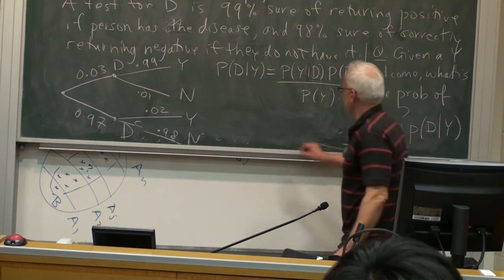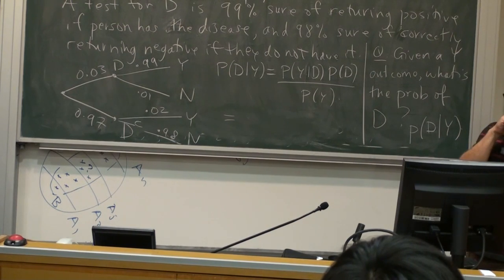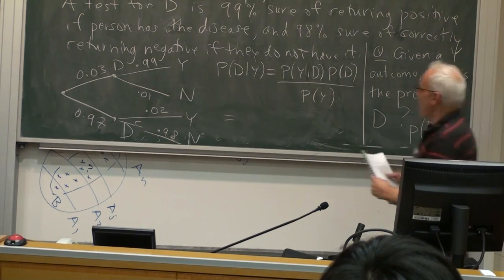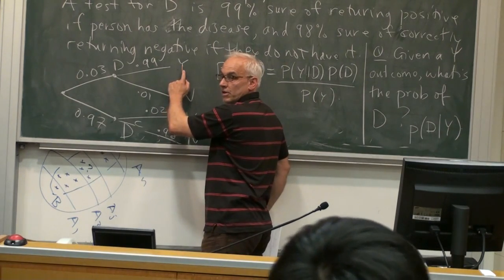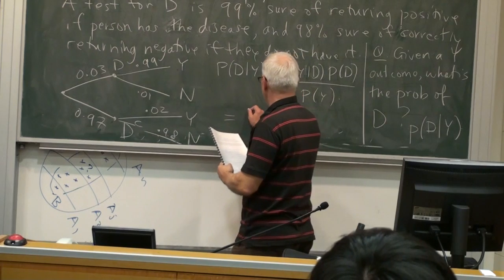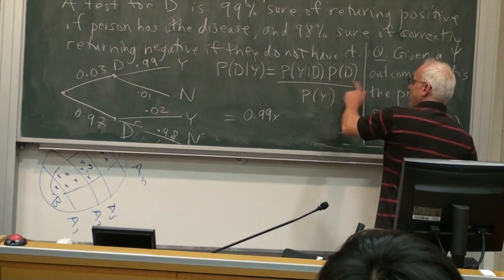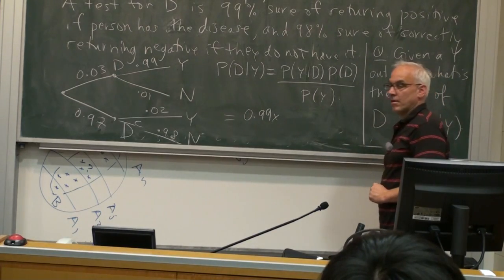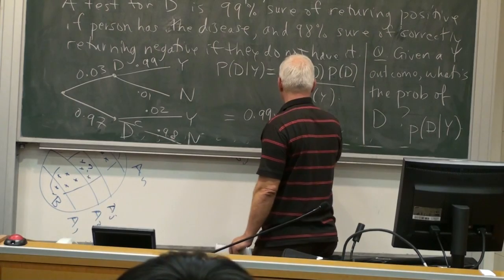Okay, what are these various numbers? The probability of y given d, that's this conditional probability right here. So that's 0.99 times the probability of d. Probability of d is 0.03.